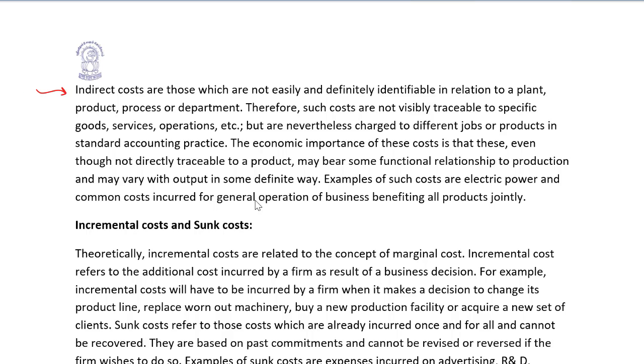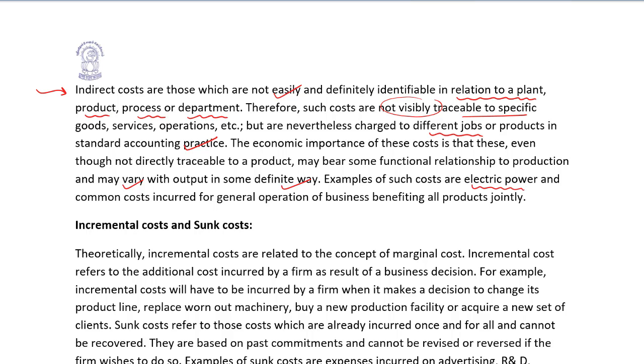Let's see. Indirect costs are those which are not easily identifiable in relation to plant, product or process or department. Therefore, we can say that such costs are not visibly traceable to specific goods or services, but nevertheless charged to different jobs or products in standard economic practice. The economic importance of these costs is that these, even though not directly traceable to a product, may bear some functional relationship to production and may vary with changes in output in some definite way.